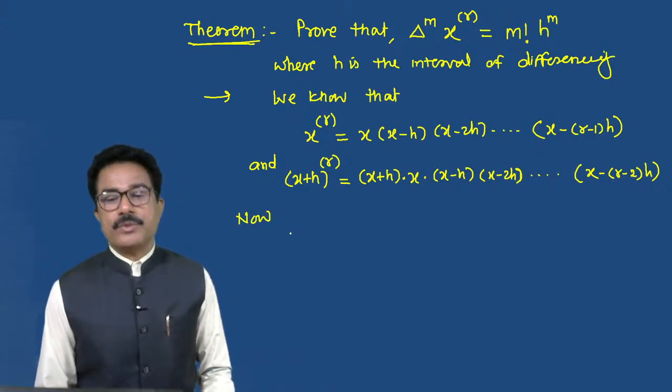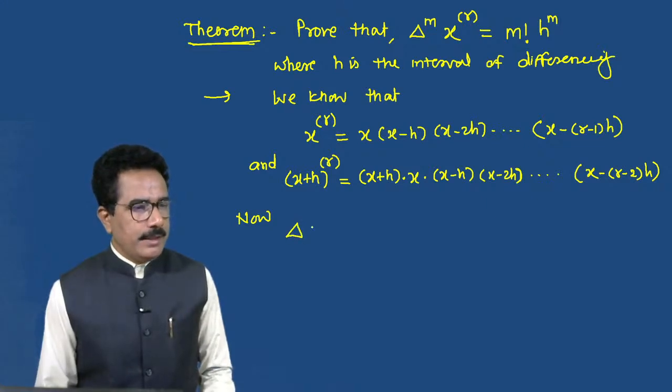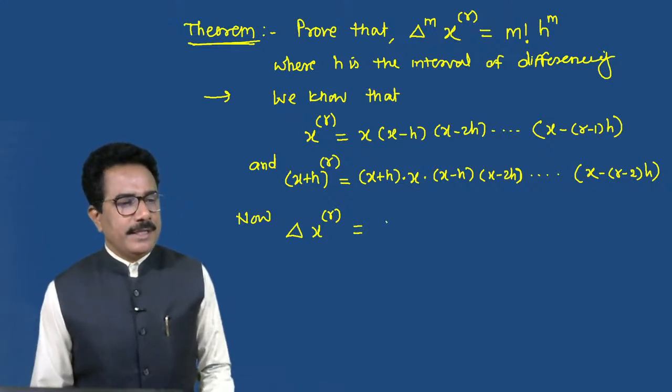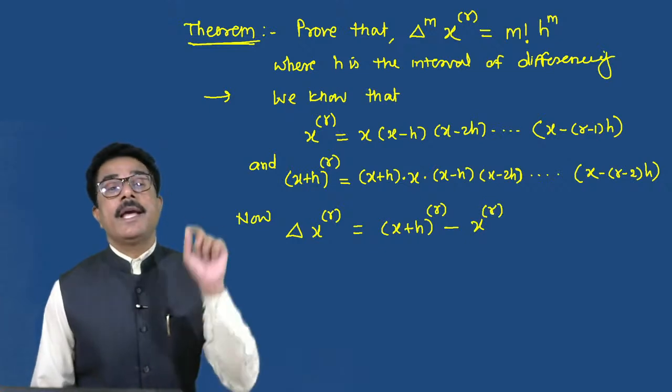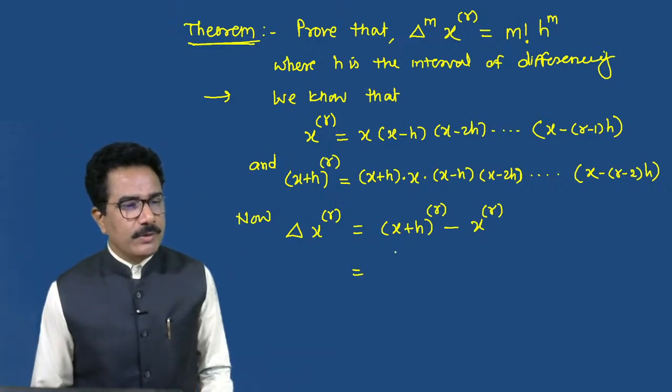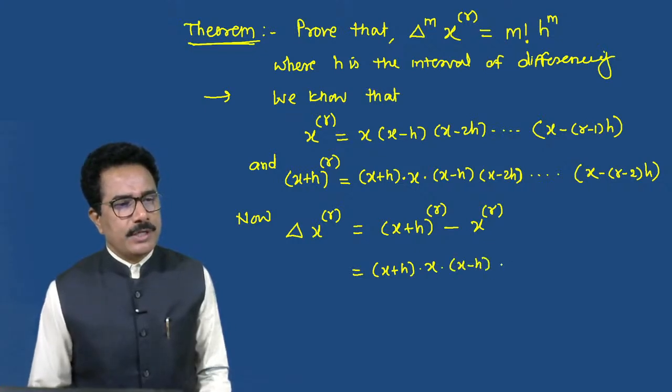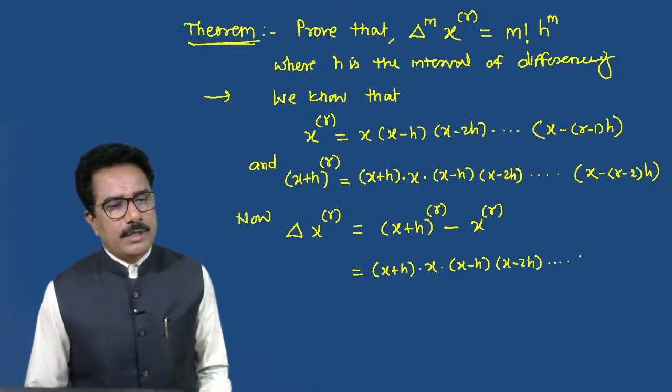Delta, first difference, you have to calculate delta of x raised to r factorial. How to write? (x plus h) raised to r factorial minus x raised to r factorial. Put this value, h value, x plus h into x minus h into x minus 2h dot dot dot into x minus (r minus 2) into h.